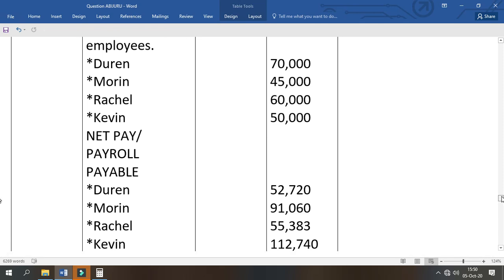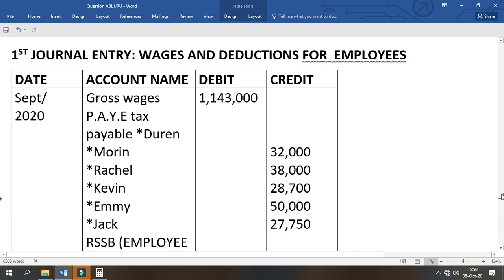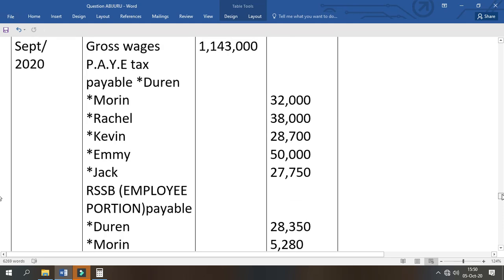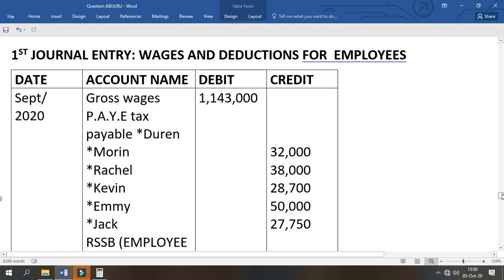Dear friends, dear viewers, it is very important to show the deduction of each employee, not take it in the sum.